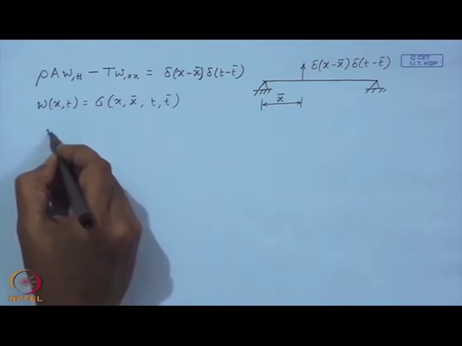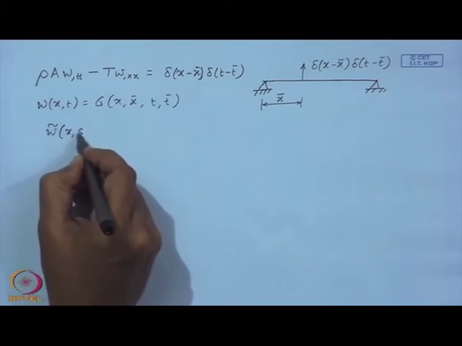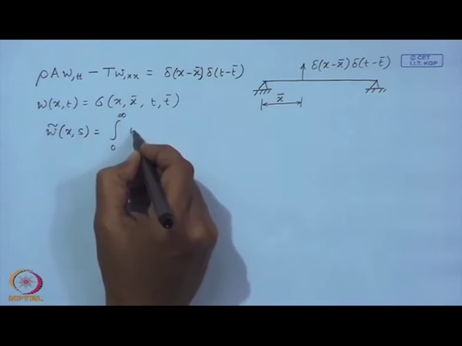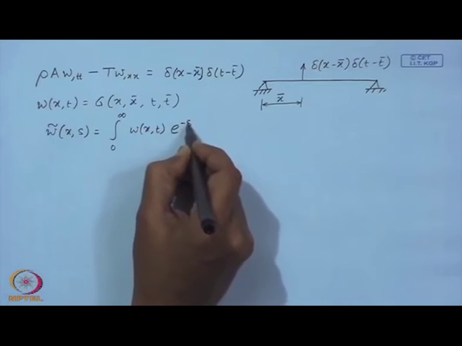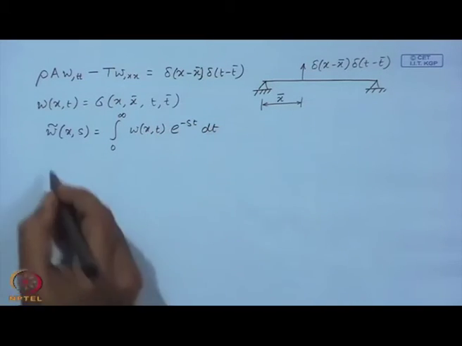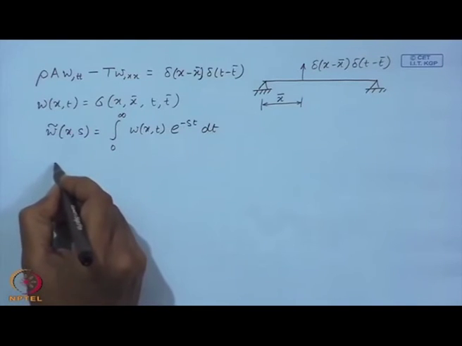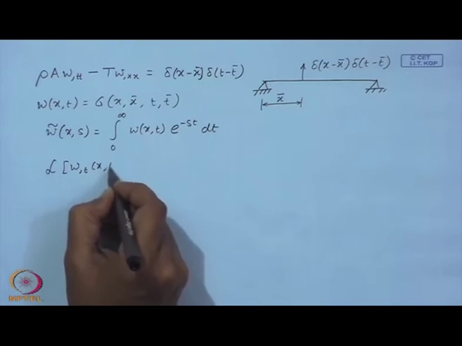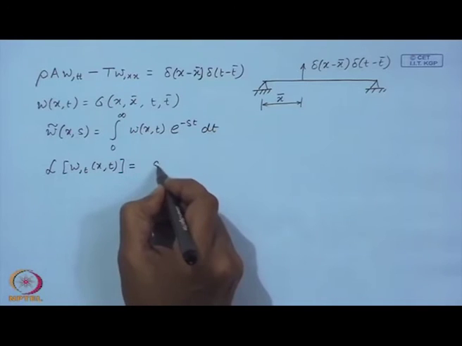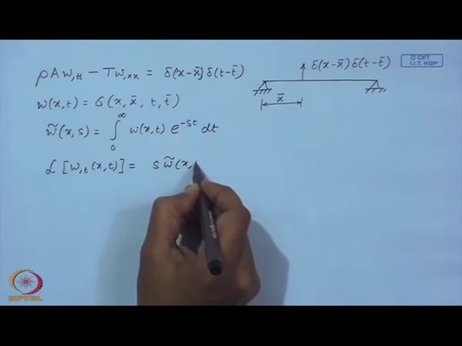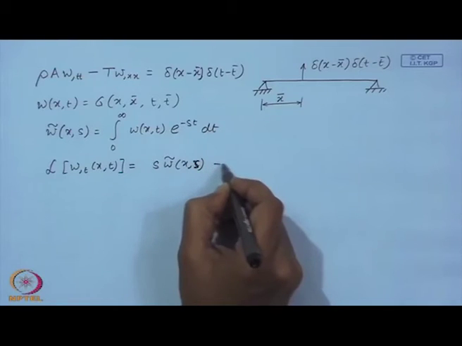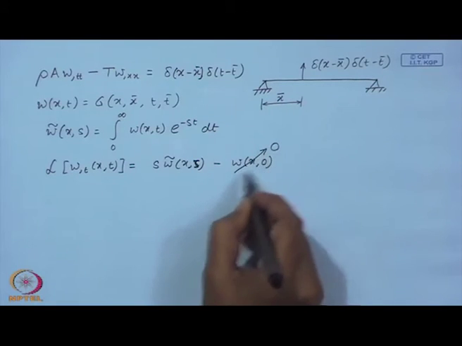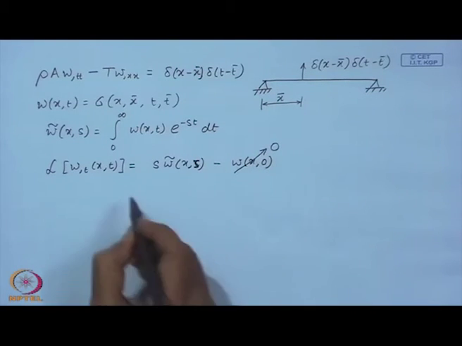We define the Laplace transform as follows, and we know the Laplace transform of the second time derivative; here this is 0 because the initial conditions are 0.